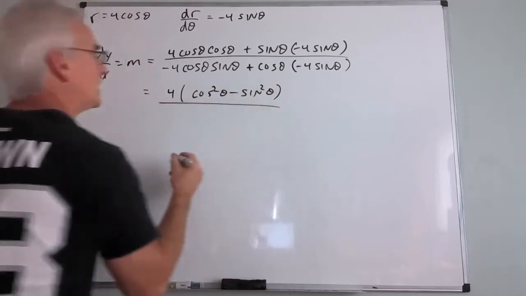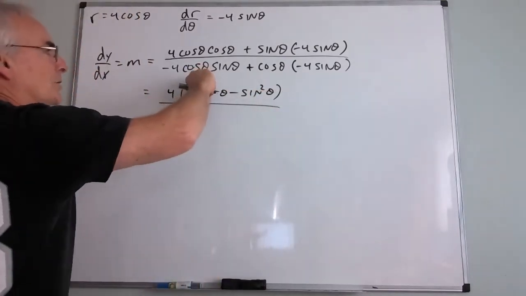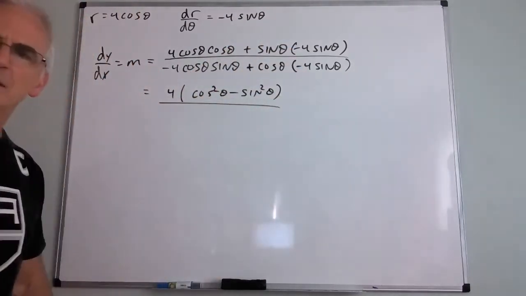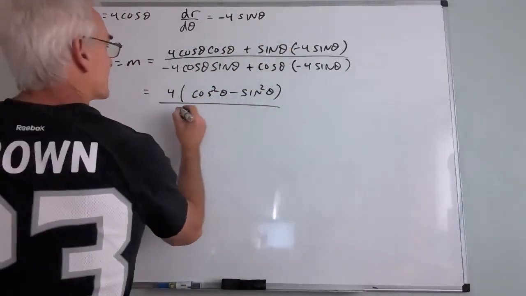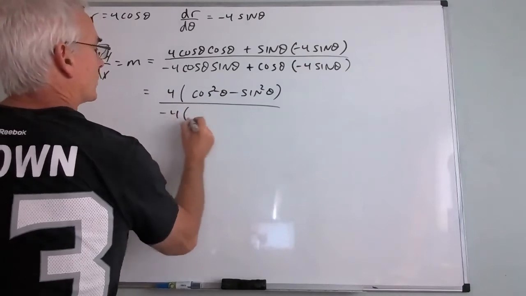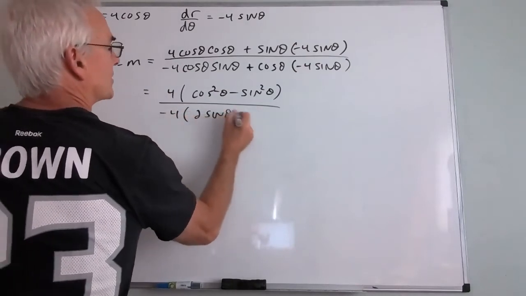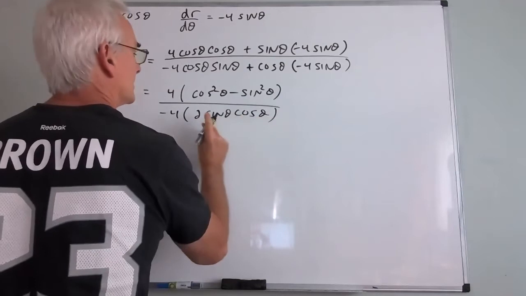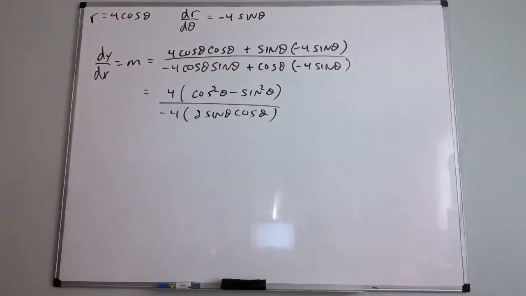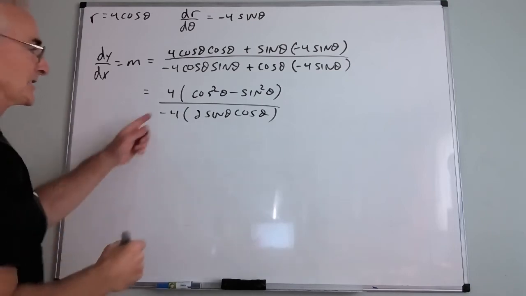On the bottom, I have -4 cos, -4 cos. So I have the same thing twice. So what if I factor out a -4 and I write it as 2 sine theta cos theta? Anybody see anything clever and useful here besides canceling the 4s?